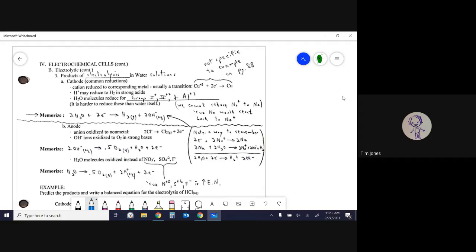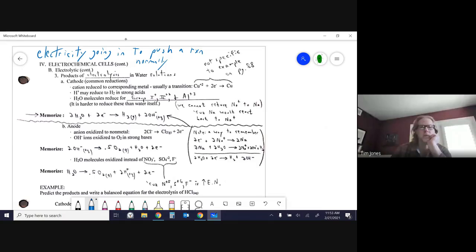So it's important to realize electricity is going in to push a reaction forward, or to push a reaction that is normally not spontaneous.